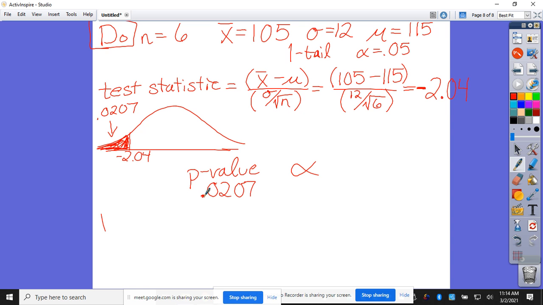And why did I not subtract that from 1? Because shade to the left, which is what I looked up. What is my alpha? So now I just either choose right here, it's less than or it's not less than. Is p-value less than? So that tells me my whole decision of how to write my conclusion.